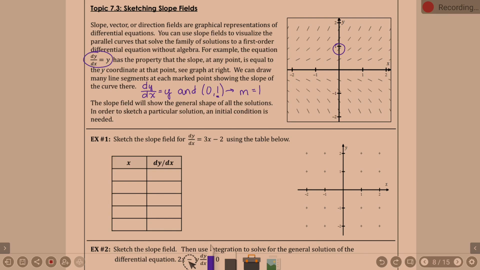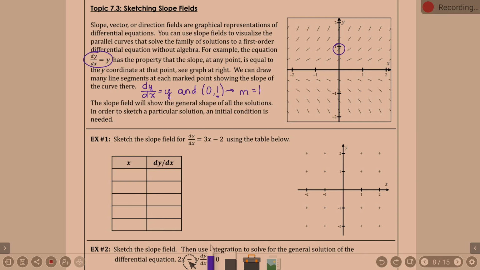To sketch a particular solution, you have to have an initial condition. So we have to know that we want to go through the point (-1, -1) or something to be able to draw a particular solution. Now we're being asked to sketch the slope field for dy/dx equals 3x minus 2. They give us a table and ask us to use this table to fill things in.